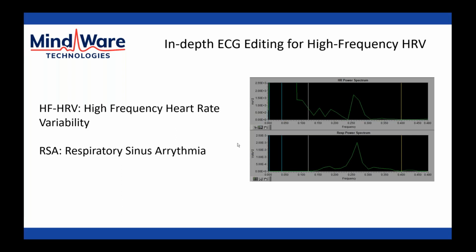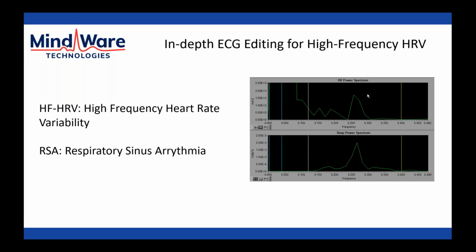So you can see here on this plot, we have respiration on the lower graph and the heart rate power spectrum, which we'll talk about a little later, on the top. This is where we're getting our high frequency heart rate variability statistic. And that's why it's so important that when we're editing for high frequency HRV, we're editing our ECG signal, but the respiration is critical for confirming our assumption that high frequency heart rate variability is in fact reflecting RSA. RSA then reflecting in turn parasympathetic nervous system activity. So that's how we make the connection.